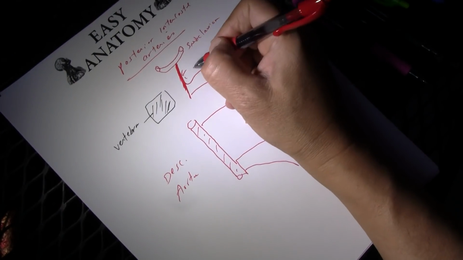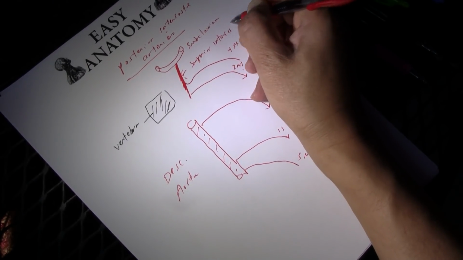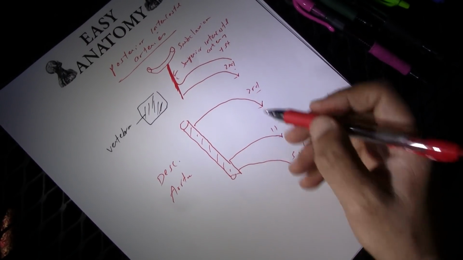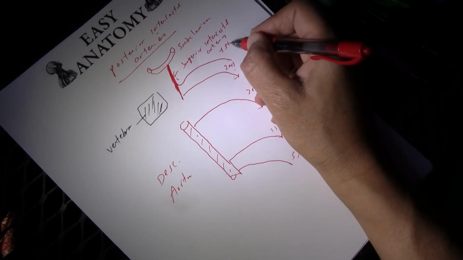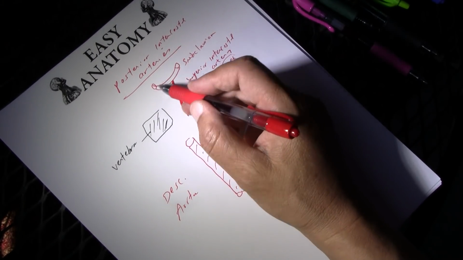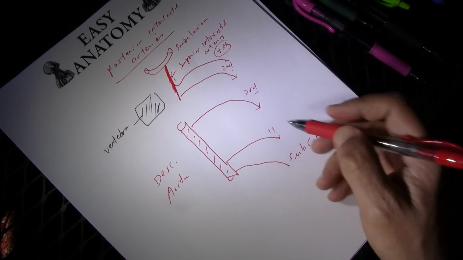This is the superior intercostal artery. So number 1 and 2 are coming from where? From the superior intercostal artery, which is a branch from subclavian. Number 3 to 11 plus subcostal coming from where?